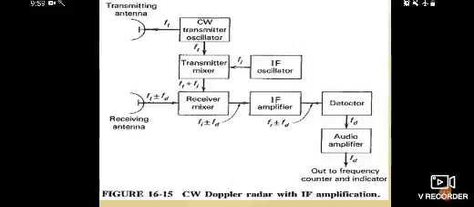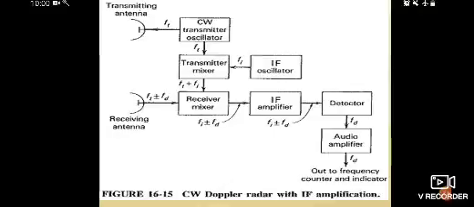The CW transmitter produces the continuous wave with a frequency of ft. This signal is radiated towards the target using the transmitting antenna. The transmitted signal ft and the IF oscillator frequency fi are mixed in the transmitter mixer, which produces the sum frequency, that is ft plus fi.